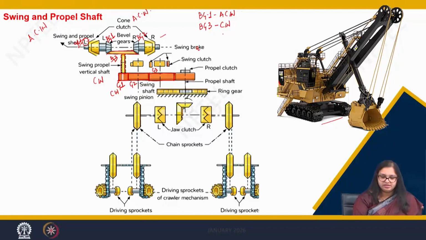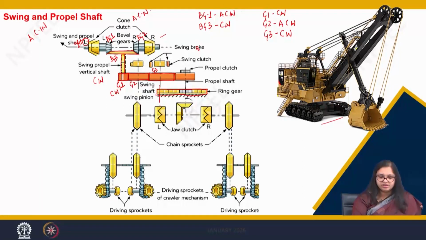My gear 1 is rotating in clockwise direction, so gear 2 will rotate in anti-clockwise direction, and gear 3 will rotate in clockwise direction. Now, when my gear 3 is rotating in clockwise direction, as we can see here, this is a ring gear, and this is the point where the shafts move inside the ring gear.